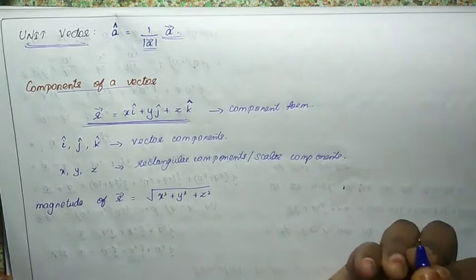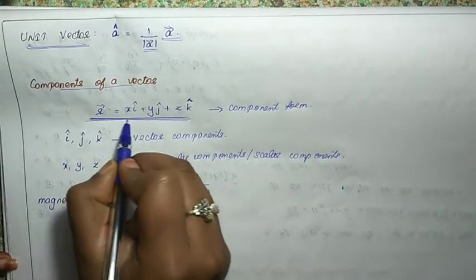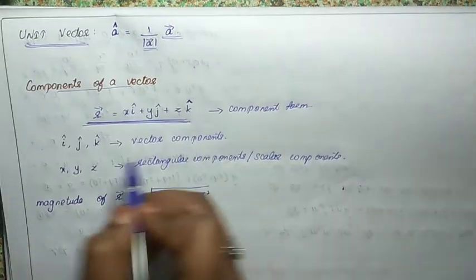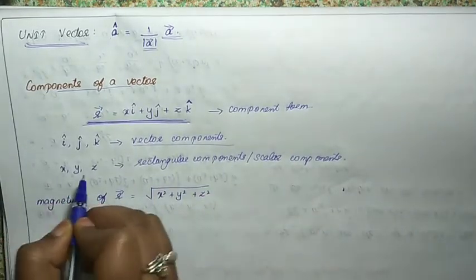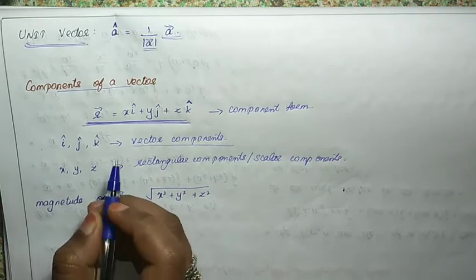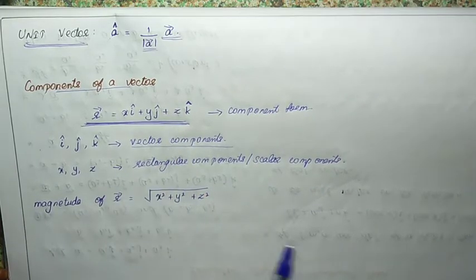These are the things that you have to know. So this entire thing is called the component form, i cap, j cap, k cap are called vector components, and x, y, z are called rectangular components or scalar components.